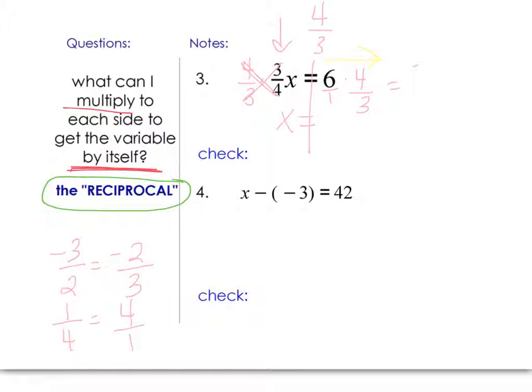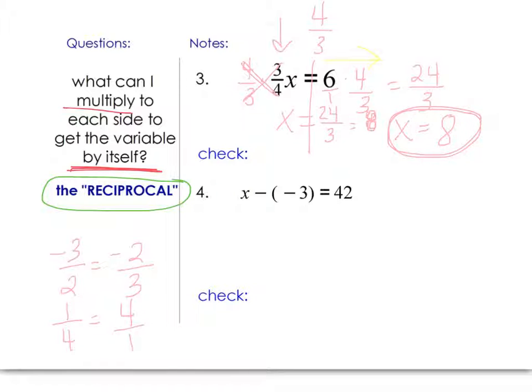So 6 times 4 is 24. 1 times 3 is 3. So x equals 24 over 3. What's 24 divided by 3? Isn't that equal 8? So I can say that x equals 8.